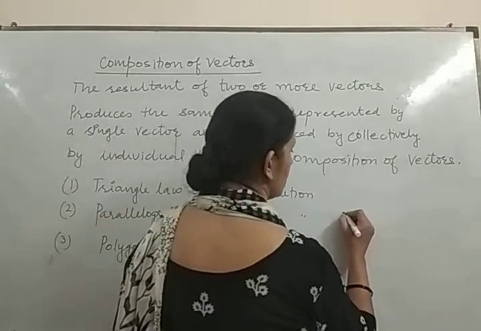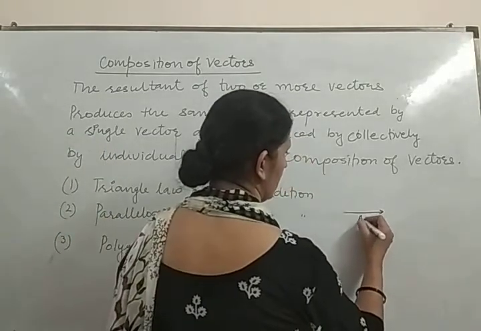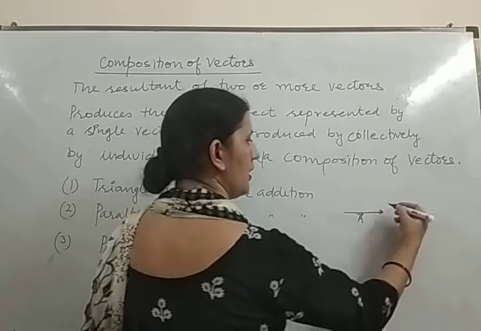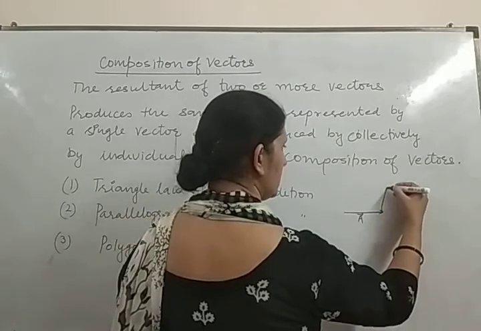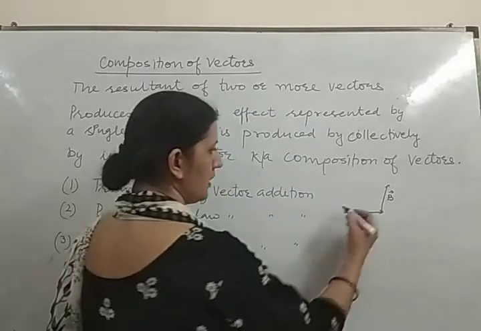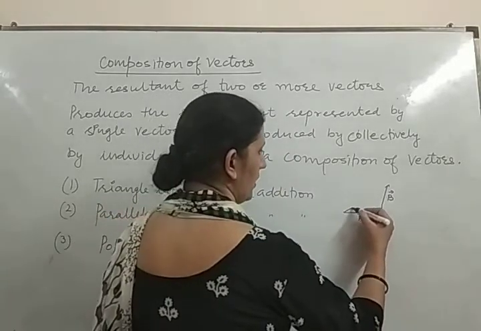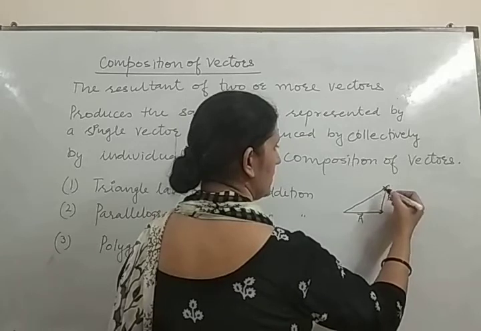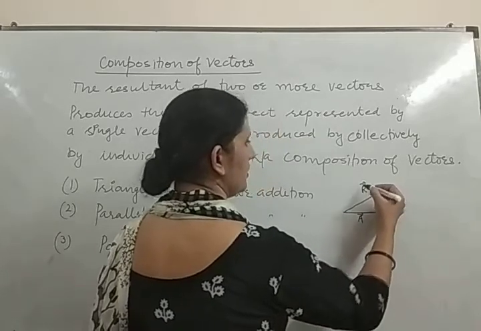Suppose this vector is represented by A. In the same order, the next vector is represented by vector B. Then starting from A, in opposite order, this is given by their resultant.